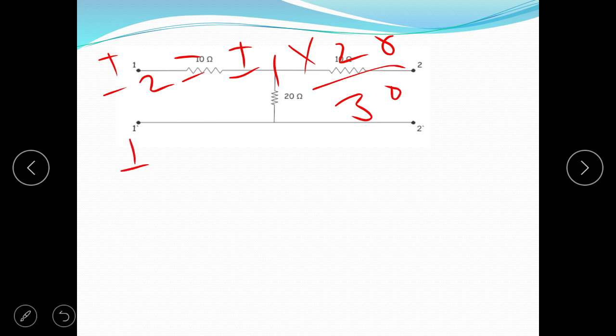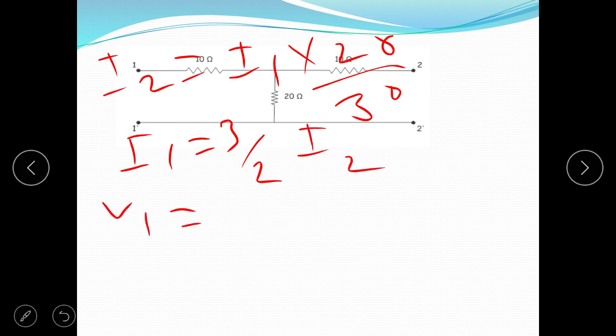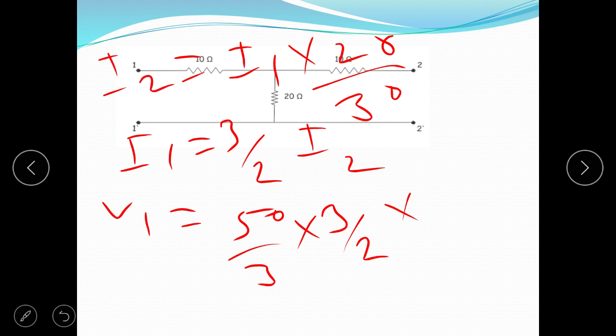So I1 is 3 by 2 into I2, and V1 is 50 divided by 3 into 3 by 2 into I2. 3 and 3 cancel, and 50.